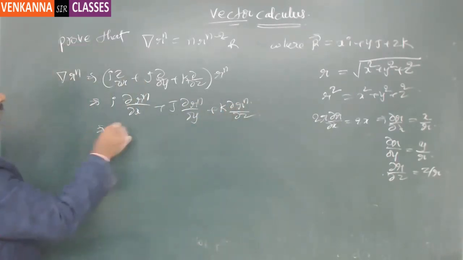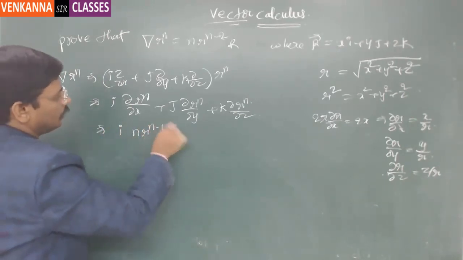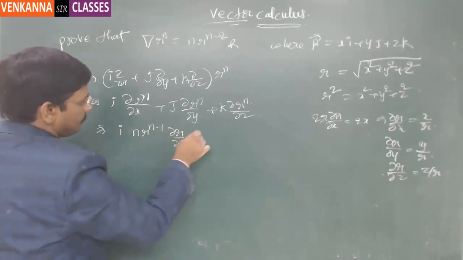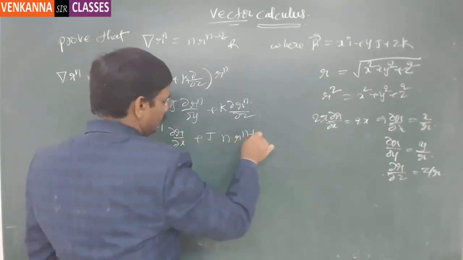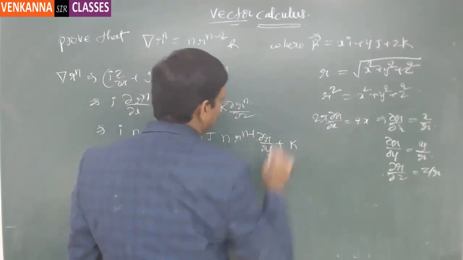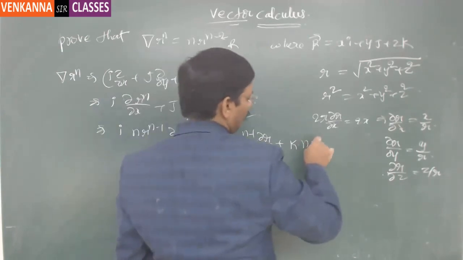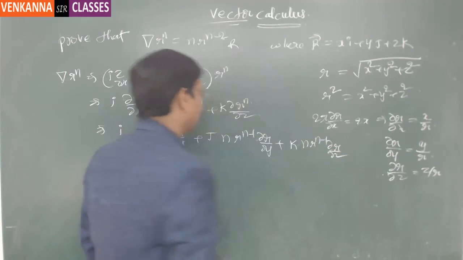So here, i times of n into r power n minus 1 into dou r by dou x plus j times of n into r power n minus 1 into dou r by dou y plus k times of n into r power n minus 1 into dou r by dou z.